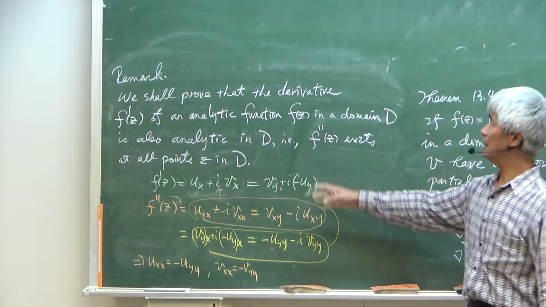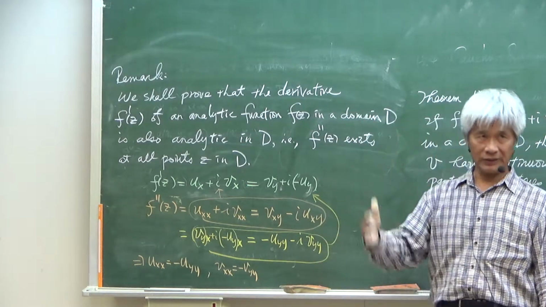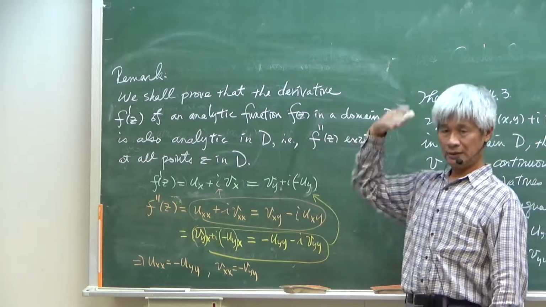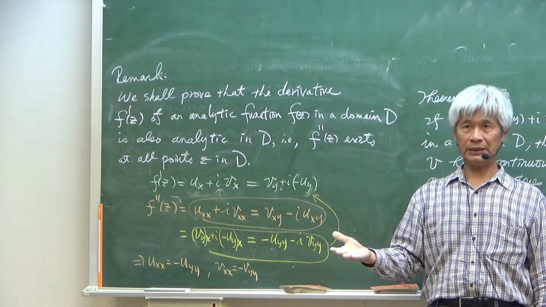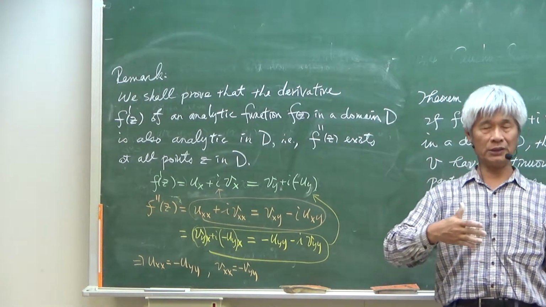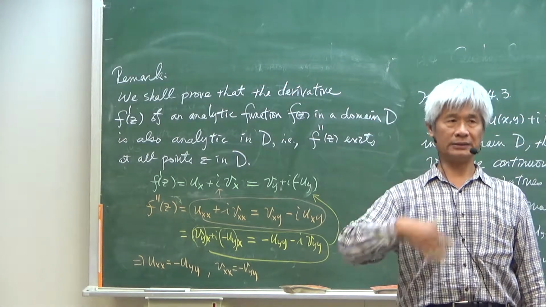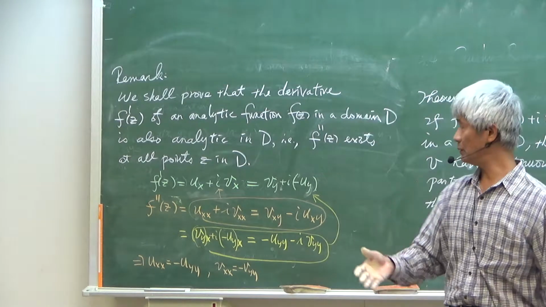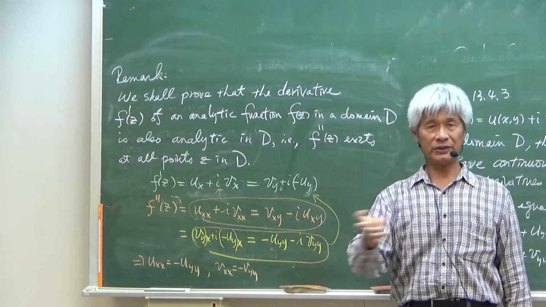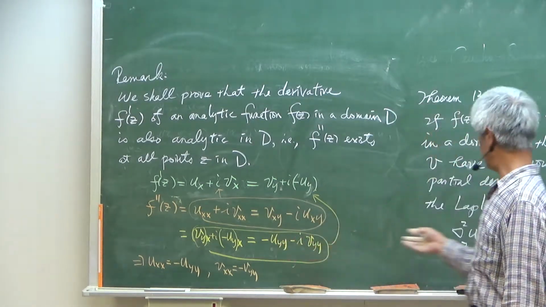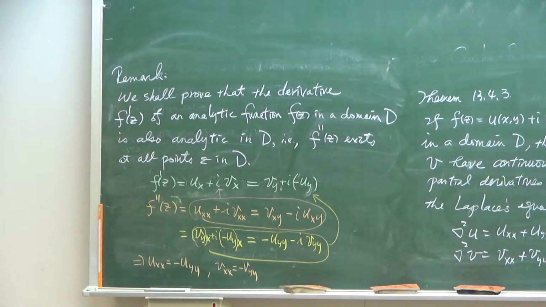This illustrates why we got the Laplace equations: you iteratively apply the same result. You use the Cauchy-Riemann equations again and again, and you can end up with a lot of equations. The Laplace equations are just two from many different equations.